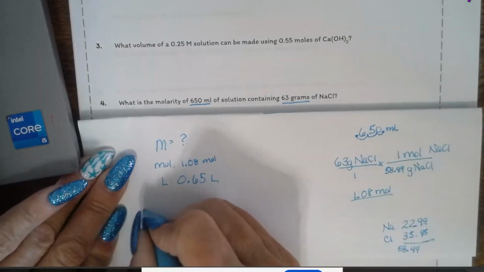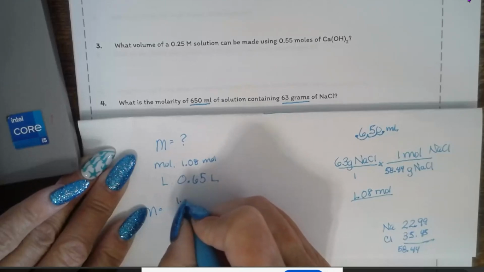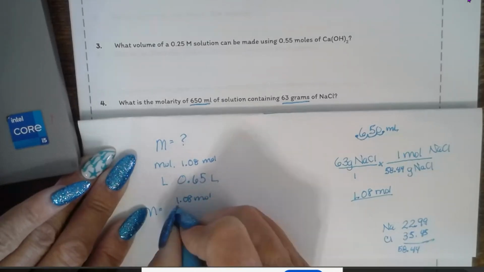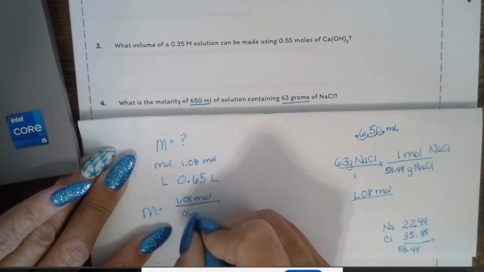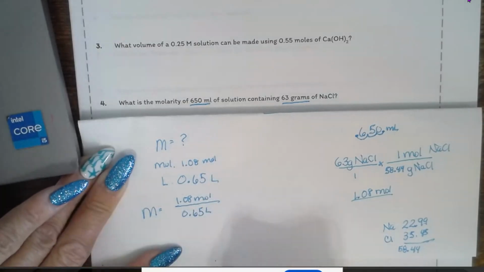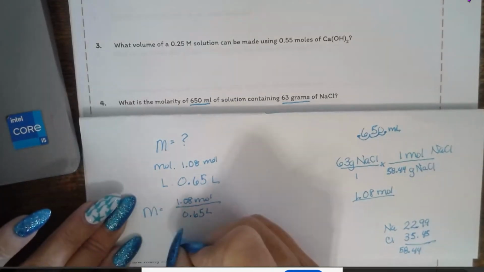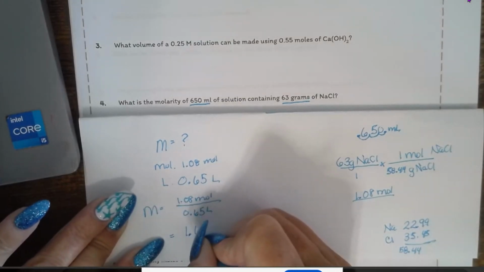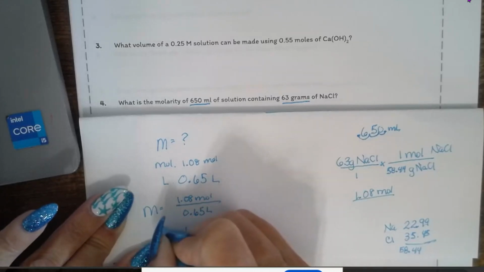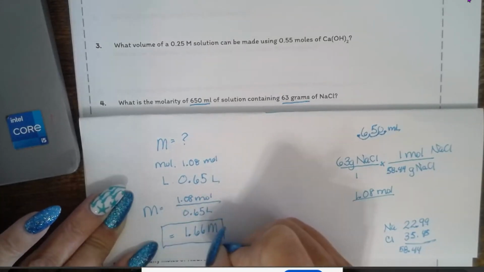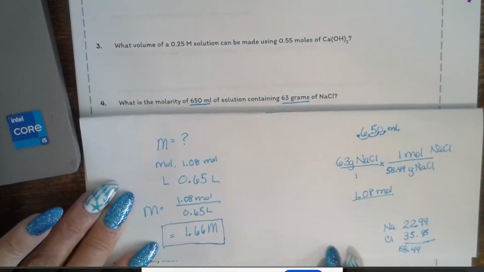Big M molarity is equal to 1.08 moles divided by 0.65 liters. Let's plug that into my calculator. 1.08 divided by 0.65 is 1.66 molar. So my answer is 1.66 big M molar.